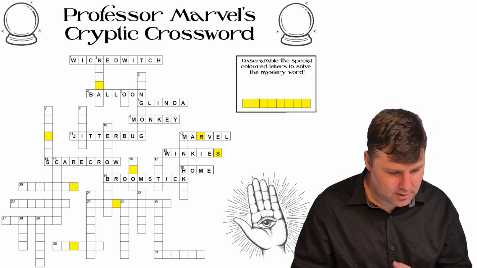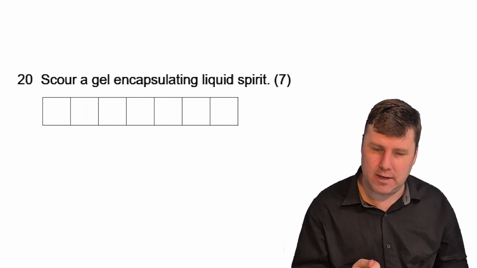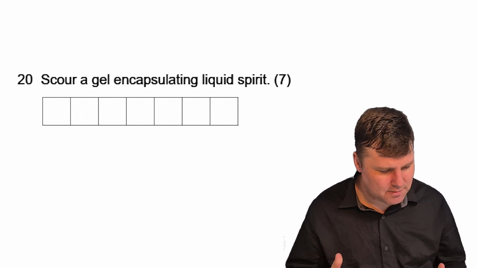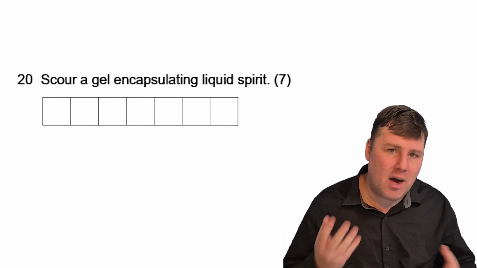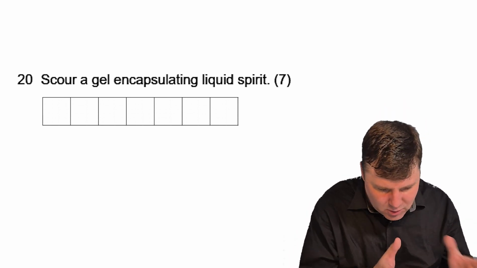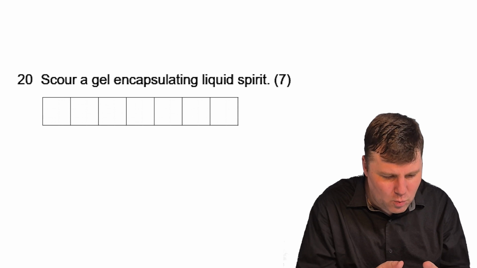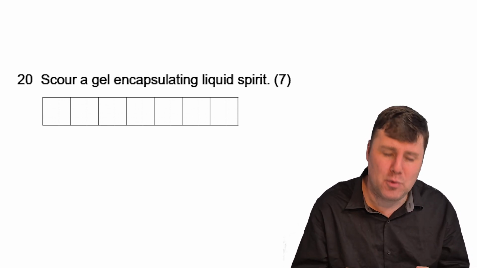20 across, scour a gel encapsulating liquid spirit. So this reads a bit like some kind of cleaning product perhaps, but we are in the realm of the Wizard of Oz. It's 7 letters. So let's look through how the word encapsulating can give us a clue towards the answer.